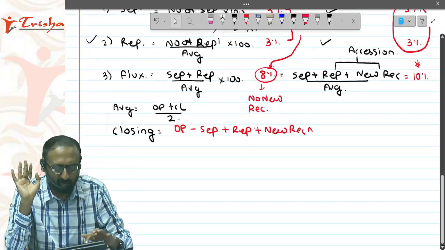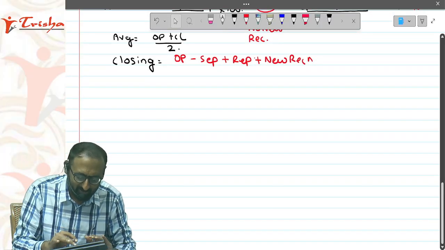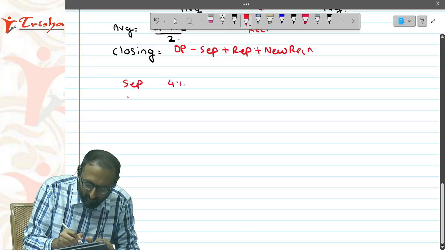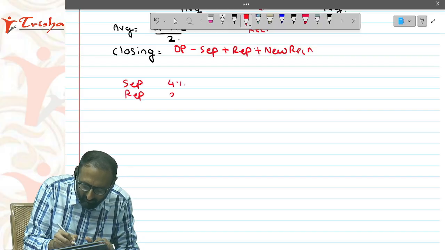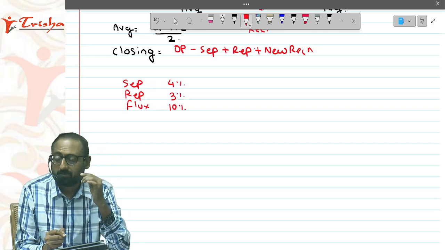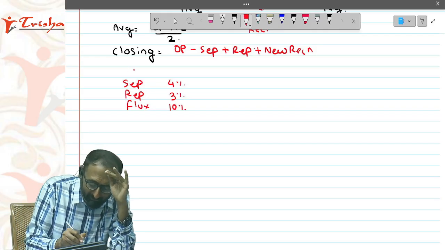Next very important point, everyone concentrate, Sirji. Suppose the separation method is given as 4%, the replacement method as 3%, and the flux method as 10%. And this labor turnover is given quarterly.